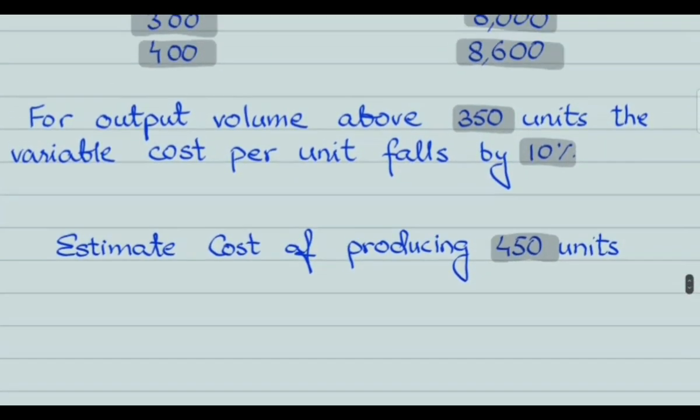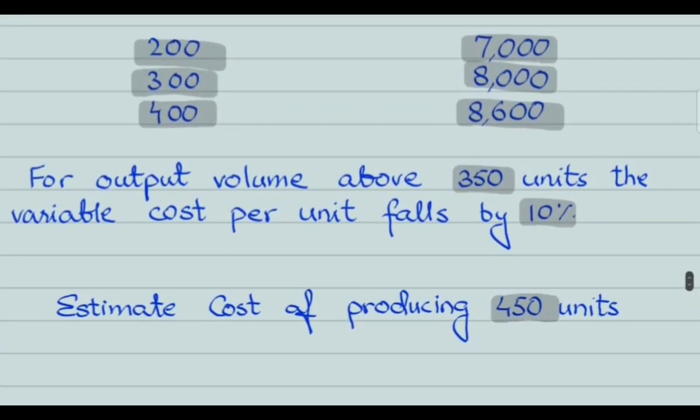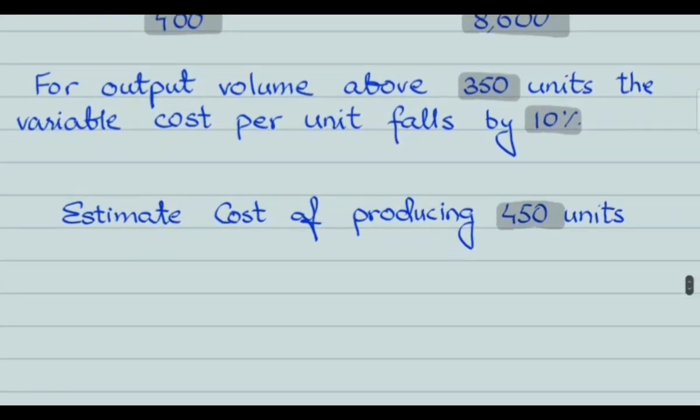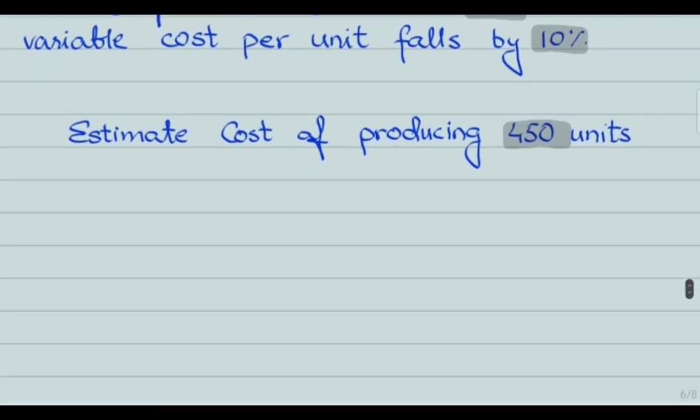So first we have to calculate the activity level as the cost changes at 350 units of activity level, which lies here. So before this we have been given 2 activity levels, and we have to take these activity levels for calculating variable cost per unit.